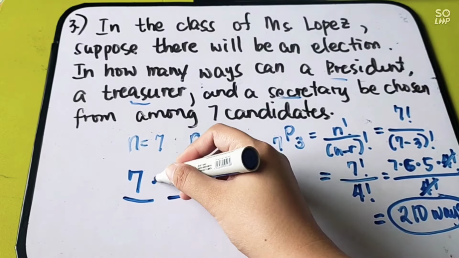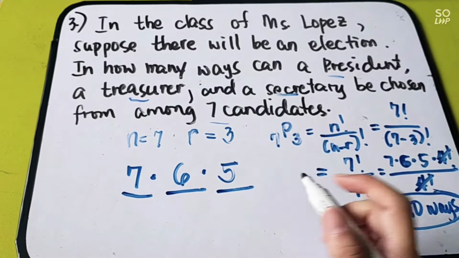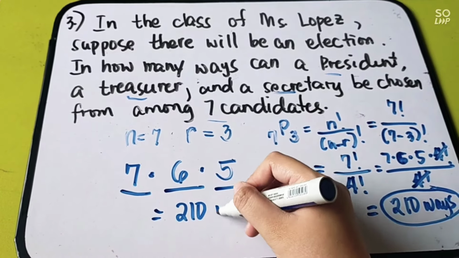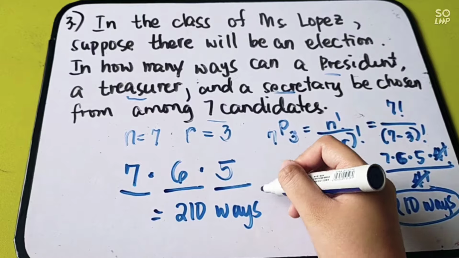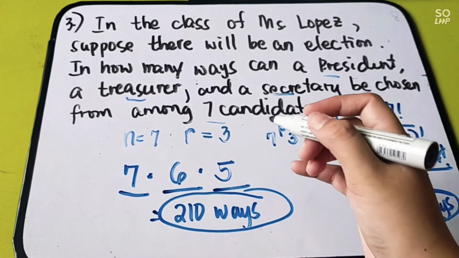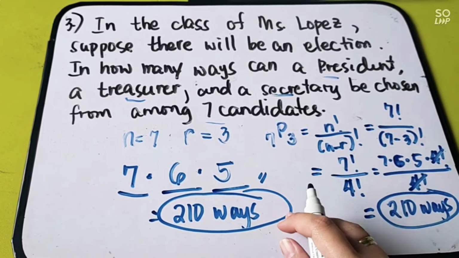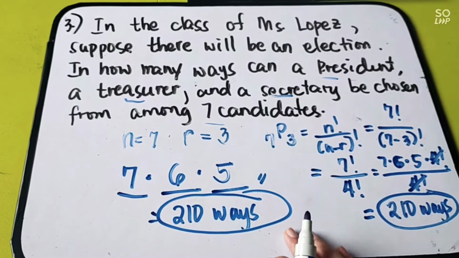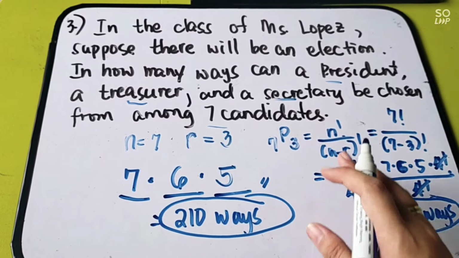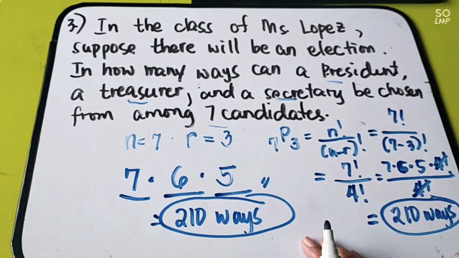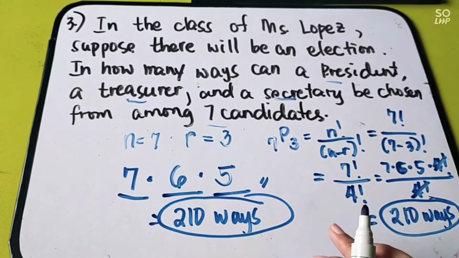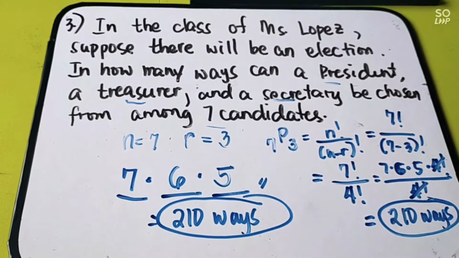So, we have 7 times 6 times 5, parehas po. So, the answer is 210 ways. So, kung mapapansin mo, kung marunong ka umintindi ng problem, sa pamamagitan lang ng fundamental principles of counting, masasagutan mo na siya agad-agad. No need to have this long formula of permutation. Is it clear? Let's have another one example.